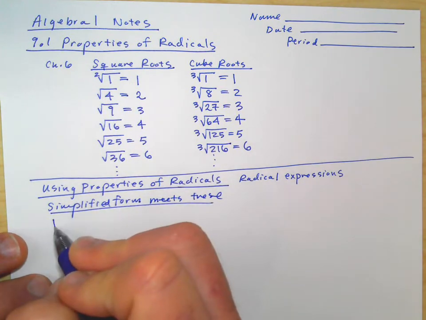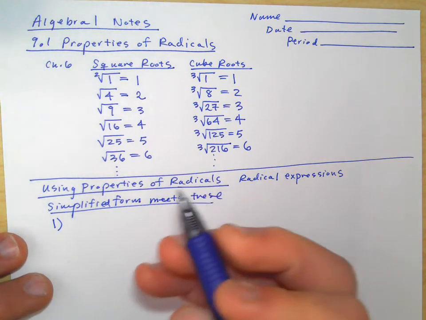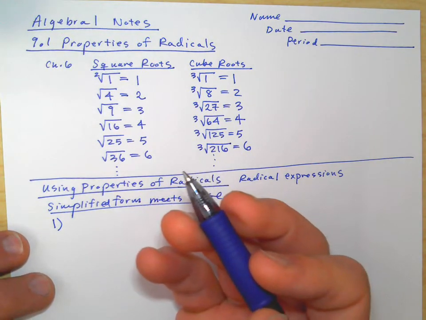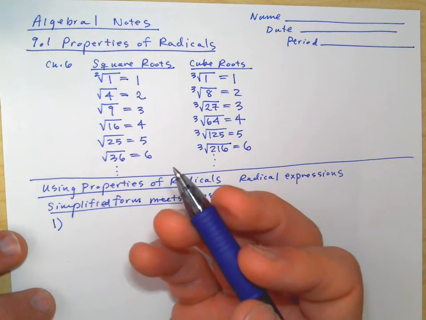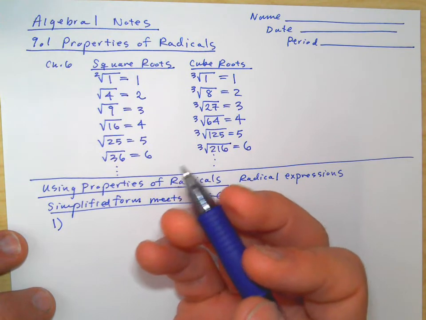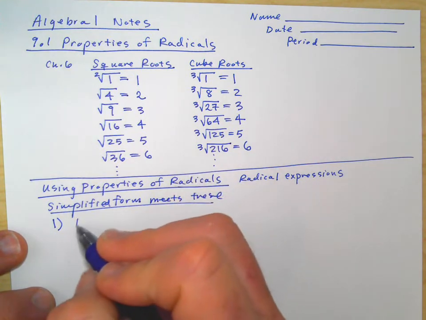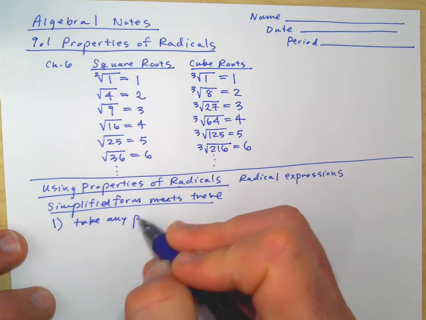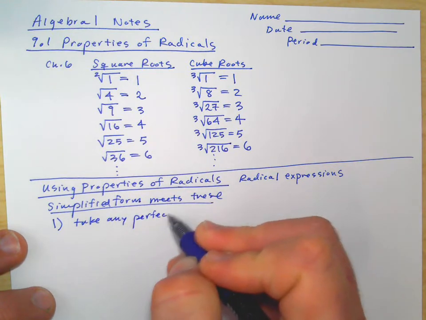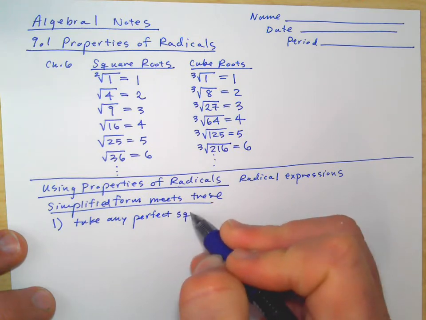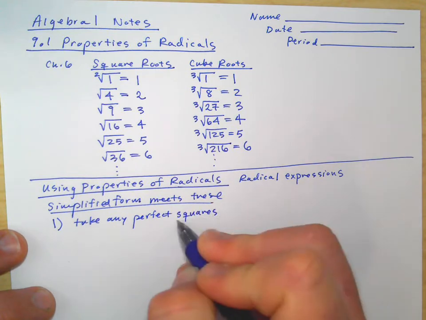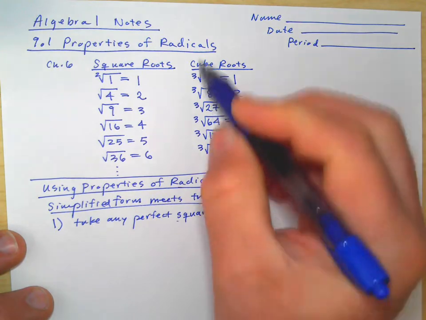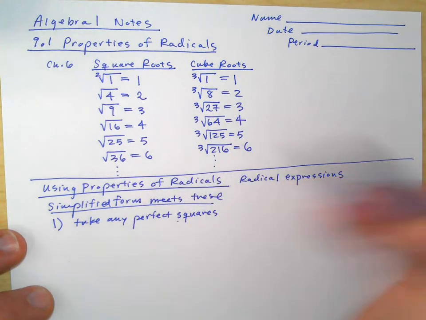So the first condition is, I'll read it the fancy way: no radicands have perfect nth powers as factors other than 1. Take out any perfect squares or whatever type of perfect power. Perfect squares are like these numbers. If you can get one of these out, then you should, okay?